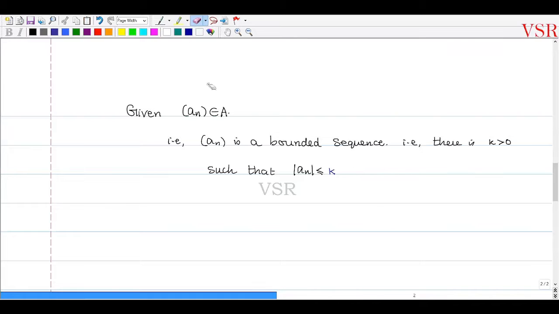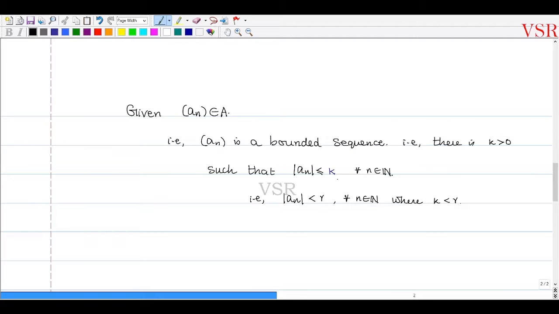This is less than or equal to k for every n belongs to natural numbers. அப்போ நான் இந்த இடத்த I call it to be r, that is modulus of an is strictly less than r, for every n belongs to natural numbers, where this k is strictly less than r.